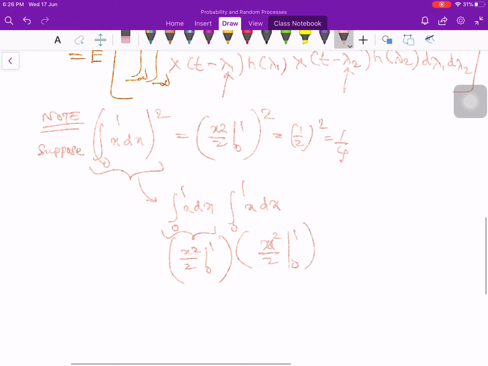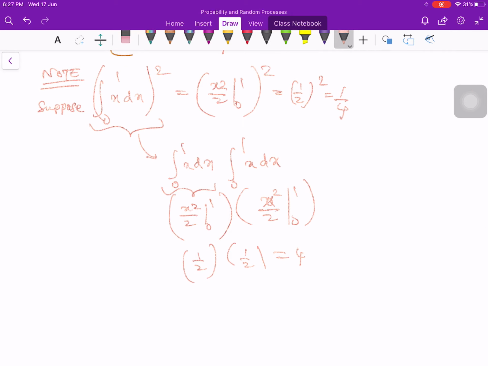So 1 by 2 times 1 by 2, which is 1 over 4. Or, instead of this product of two integrals, I can write a double integral. The limits are the same, 0 to 1 and 0 to 1, but here let me use two different variables. See, this is a product of two integrals and this one is a double integral.